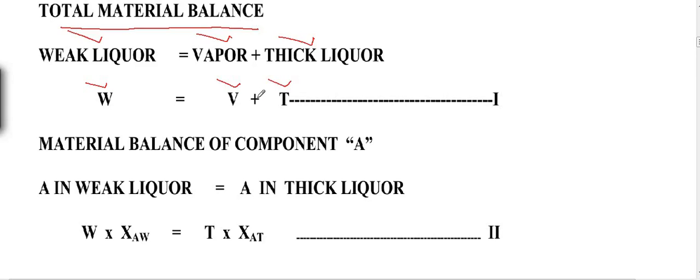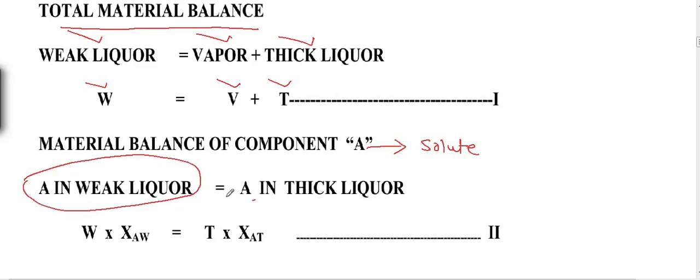Now we go for the second material balance equation, in which we take the material balance of solute, which is given by symbol A. As I explained, all the solute in weak liquor you get in the thick liquor, and in the vapor phase the solute is 0. So solute in weak liquor equals solute in thick liquor; that is our second material balance equation.